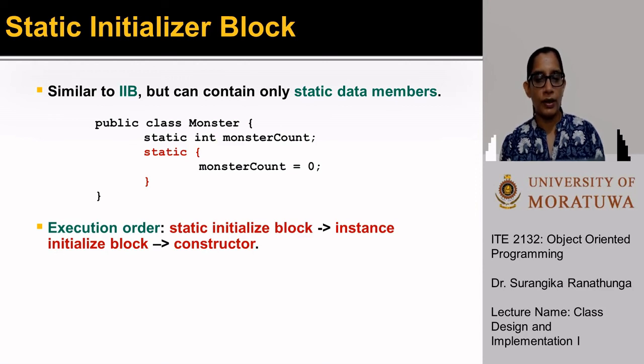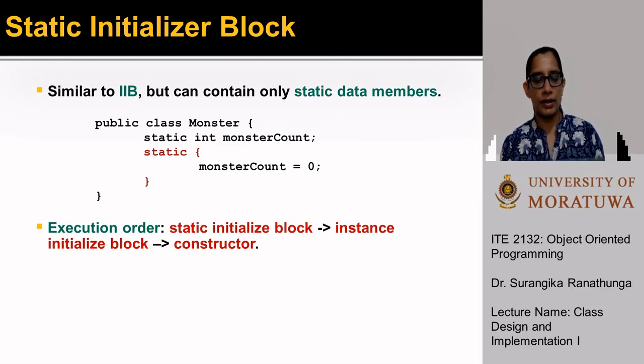Now we have three places to initialize our variables: the constructor, the instance initializer block, and the static initializer block. So the execution order is first the static initializer block is executed, then the instance initializer block is executed, and finally the constructor.